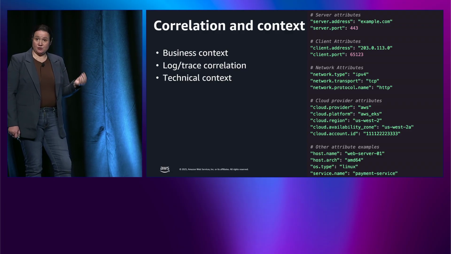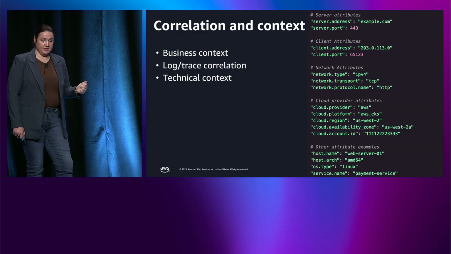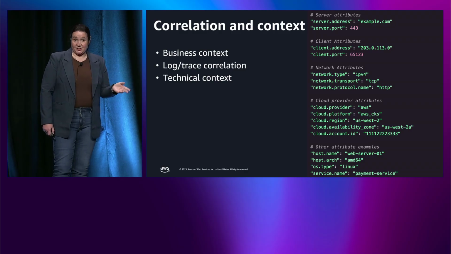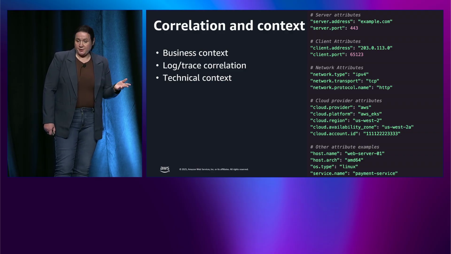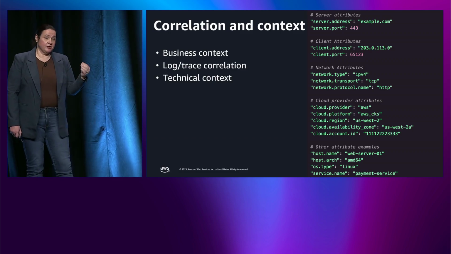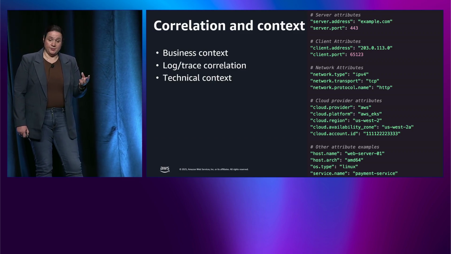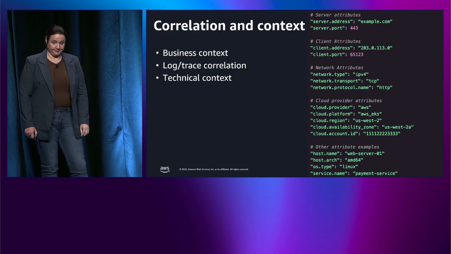So you have general attributes, such as host ID, server address, client address, etc. And you also have cloud provider attributes like availability zone, AWS account, etc. And you can record these yourself, and often our instrumentation will populate some of them for you as well.